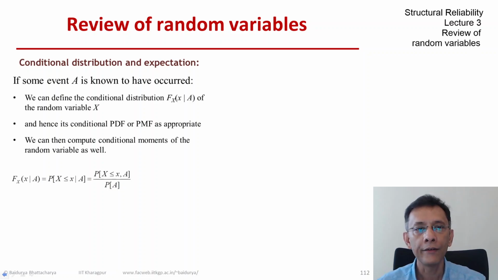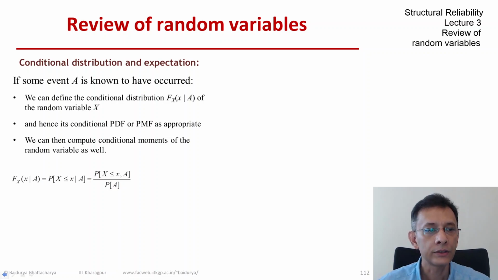Now we have F of x given A, the CDF of X given A, defined simply as the probabilities. In the numerator we have X less than little x and A, and in the denominator we have P of A, the probability of the conditioning event itself.